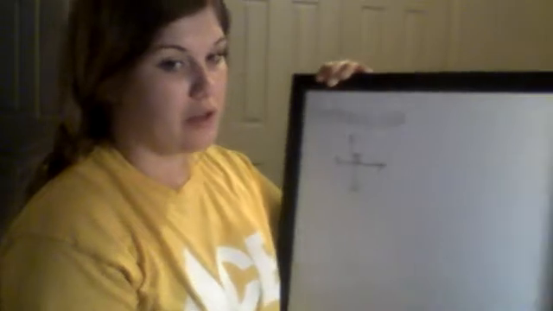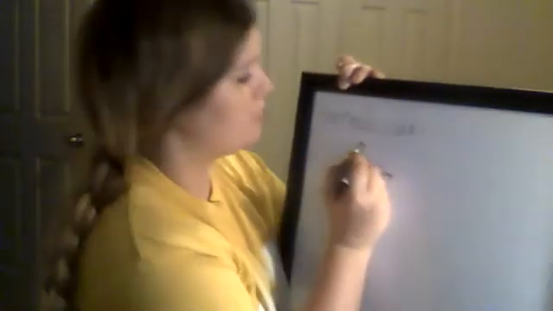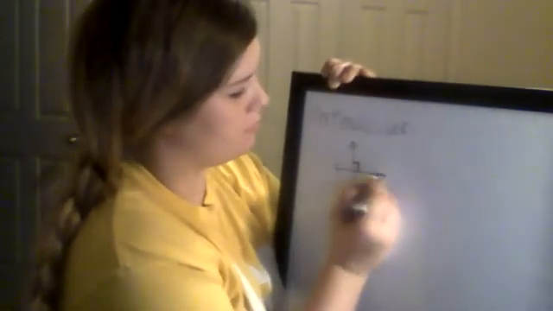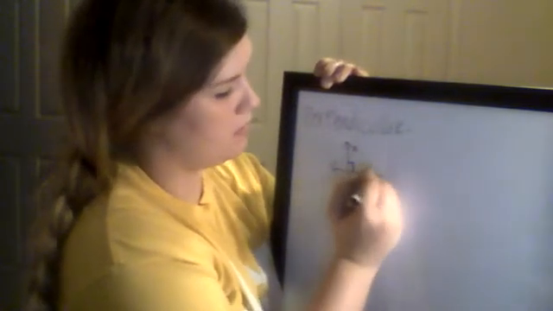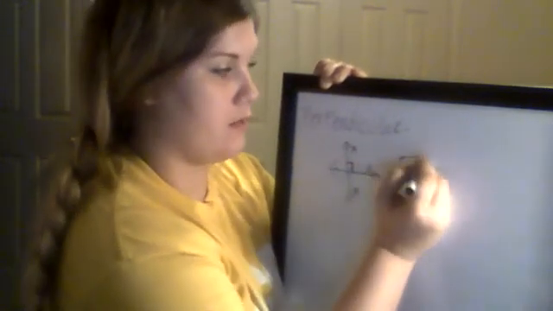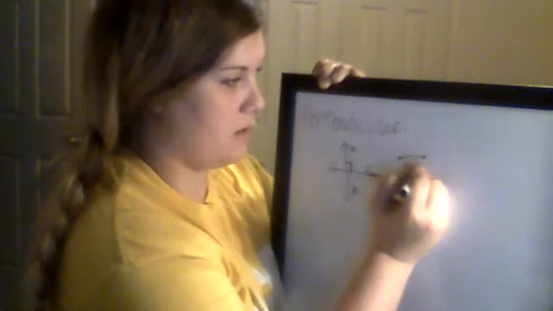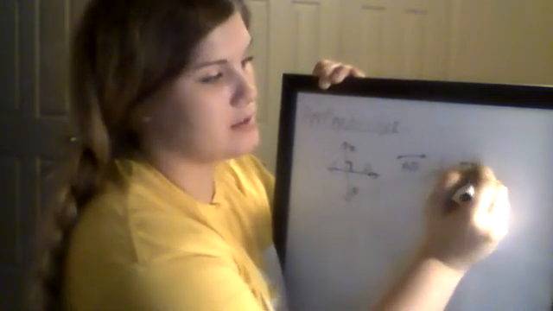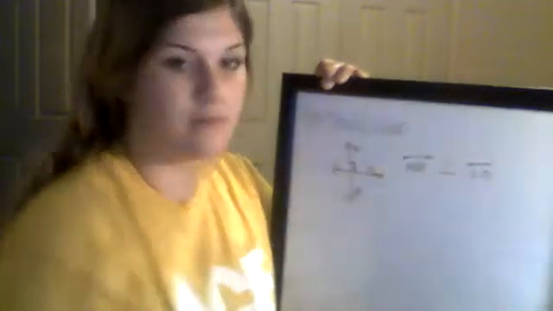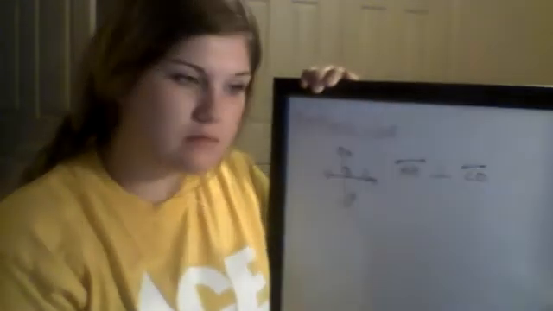So how you can write this in equation form, we can do AB and CD. Line AB is perpendicular to line CD. And that would be how you would write that out.